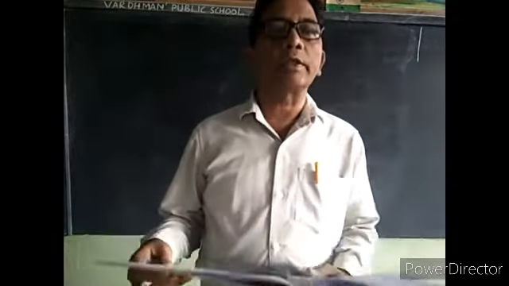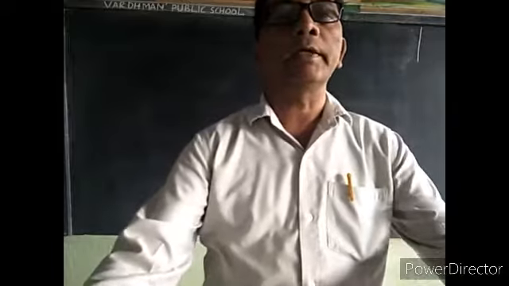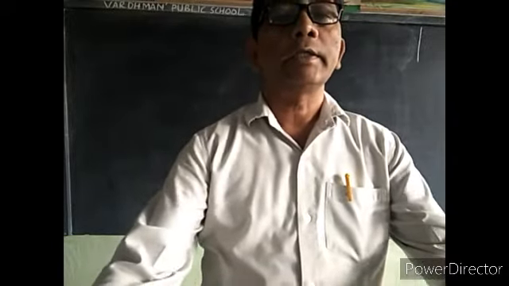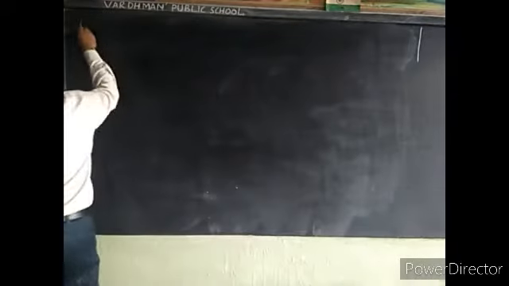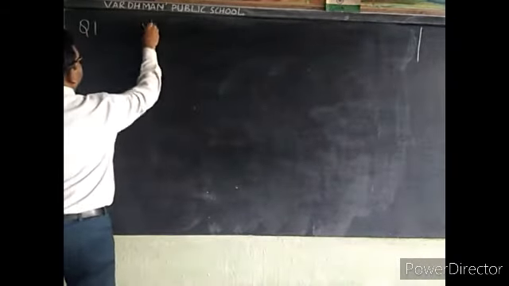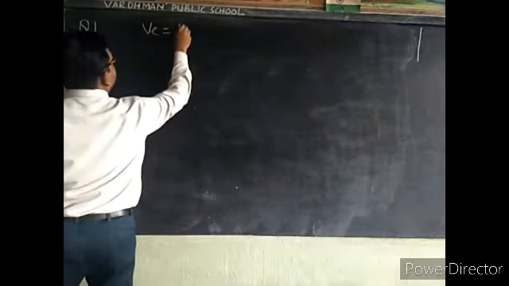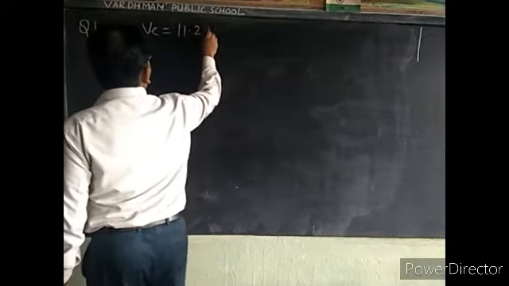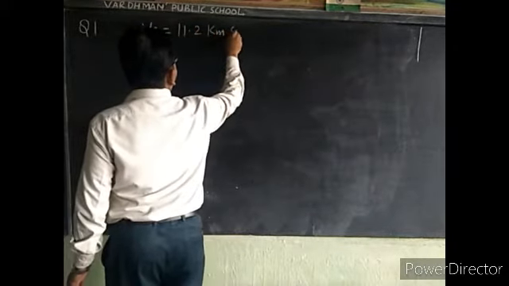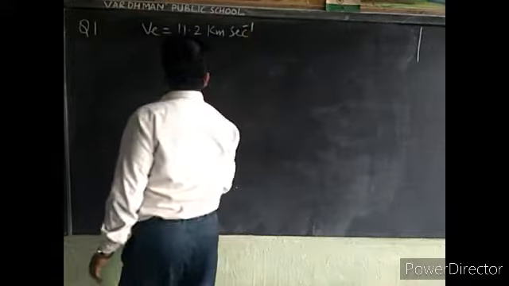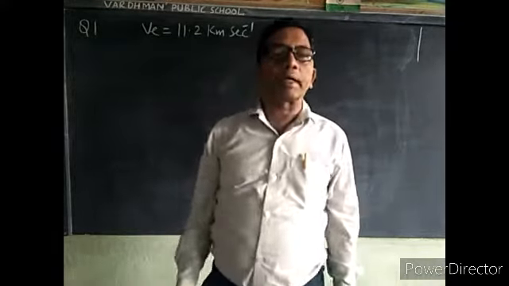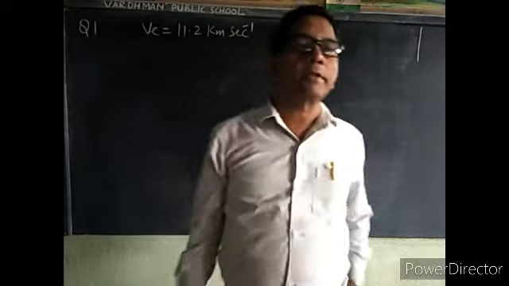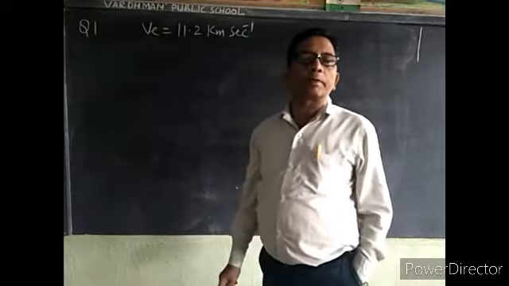This is numerical first. The escape velocity Ve is given as 11.2 kilometer per second, the escape velocity of a projectile on the earth's surface.